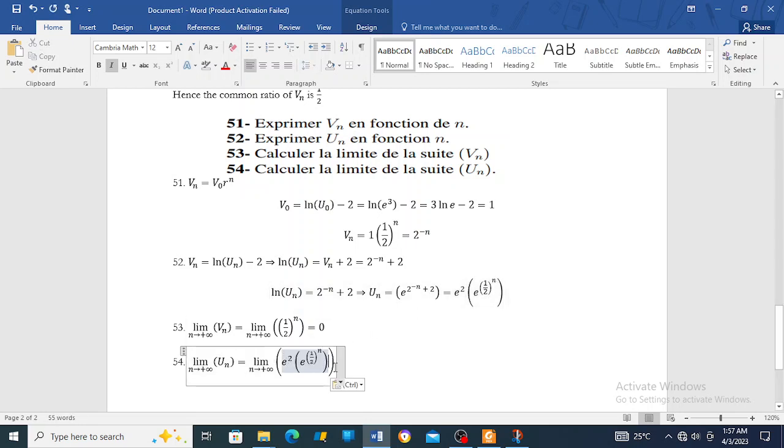Okay, now since e squared is a constant, we can pull it out of the limit, and we just have the limit of this guy here, which is in terms of n. Okay, now as n tends to infinity, since this guy here tends to 0, e raised to the power 0 will be tending to 1. So at the end we get that this is equal to e squared times 1, which is e squared.